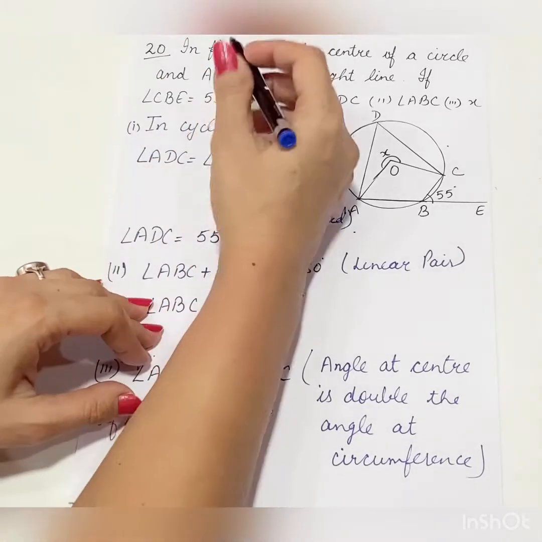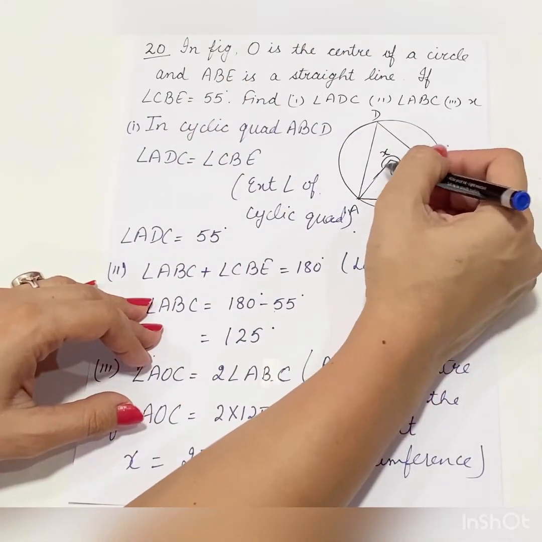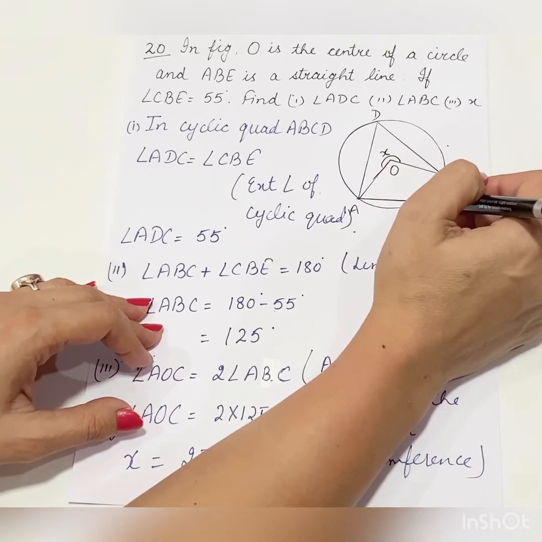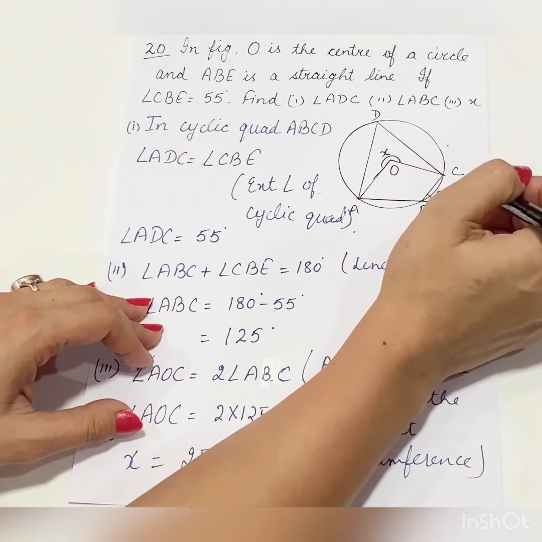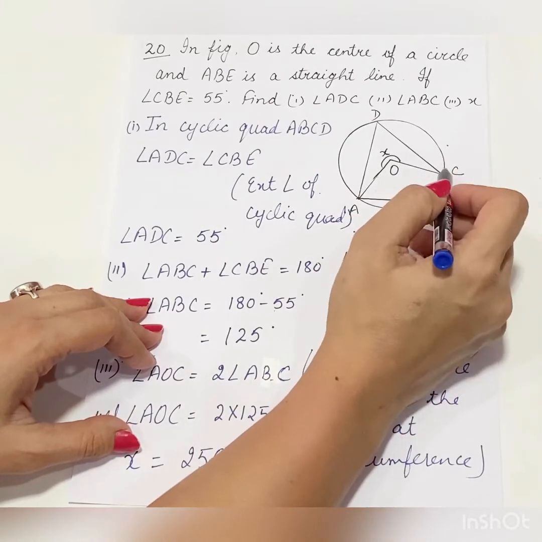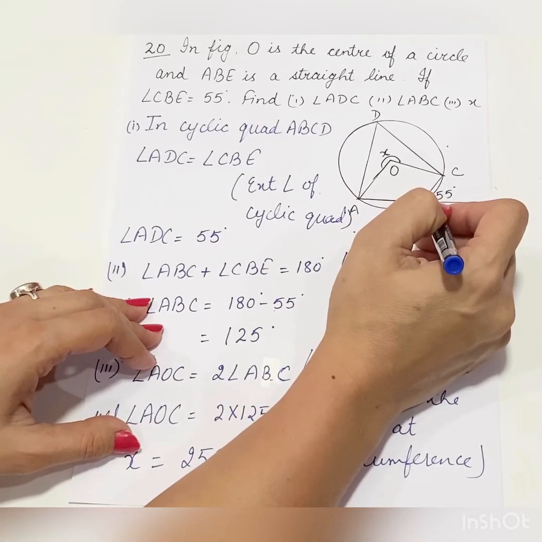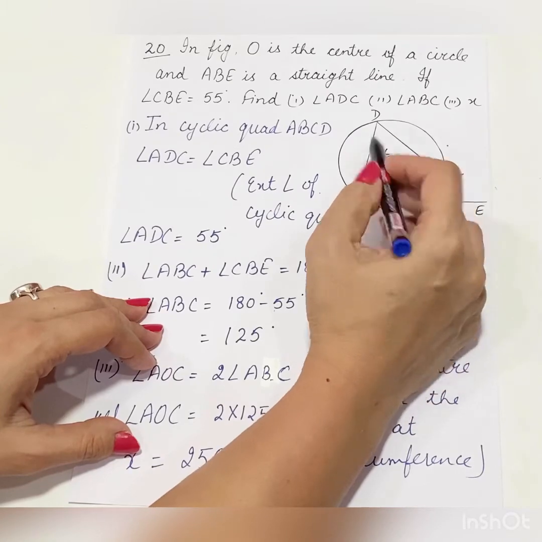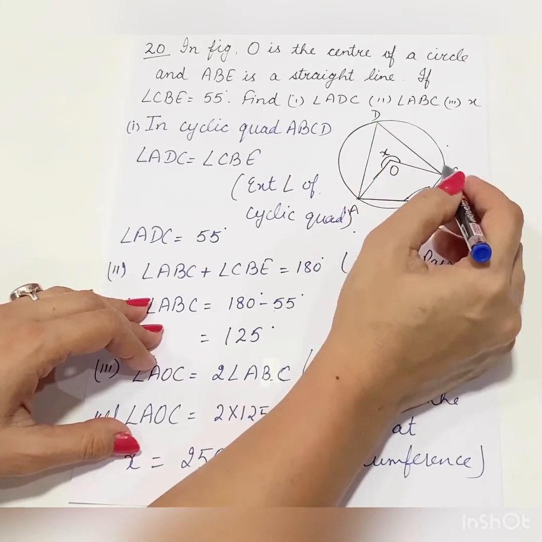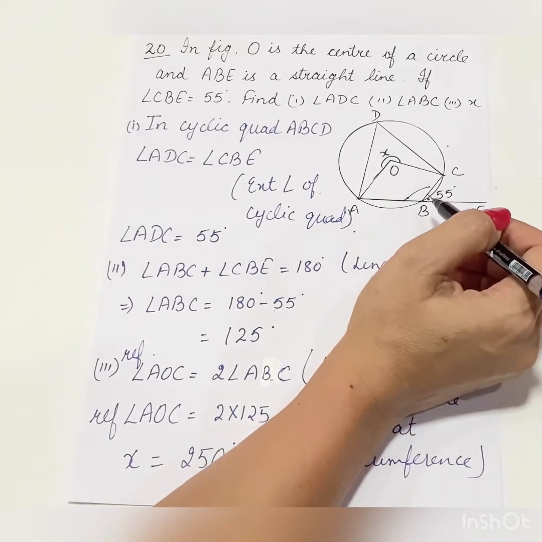Next, question number 20. In the figure, O is the center of a circle and ABE is a straight line, and AB is a straight line. If angle CBE is equal to 55 degrees, find angle ADC, angle ABC, and the value of x.